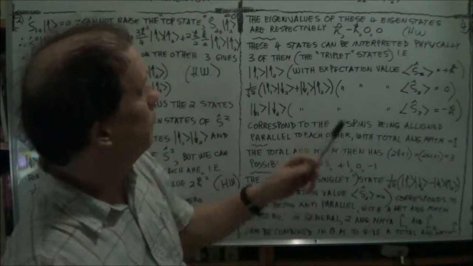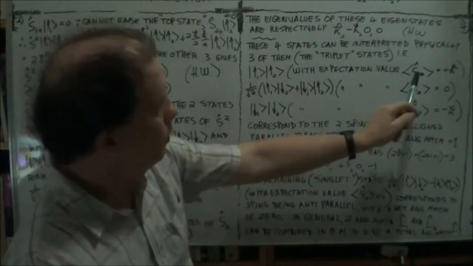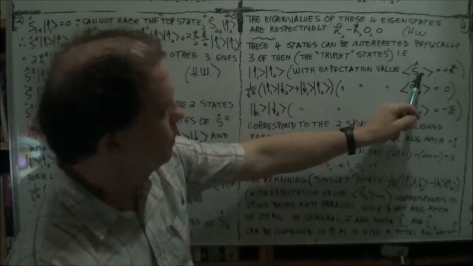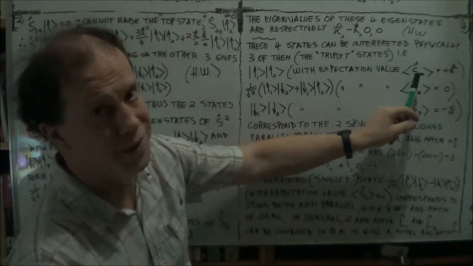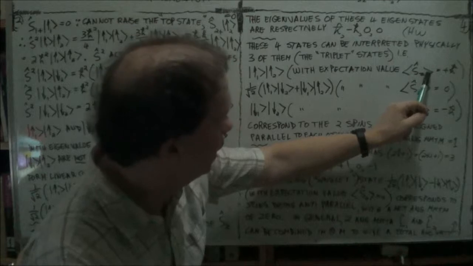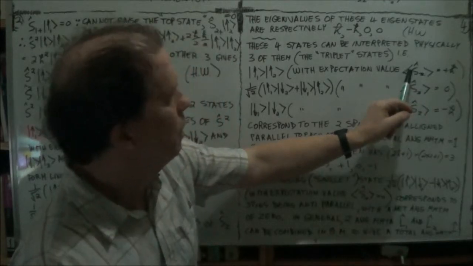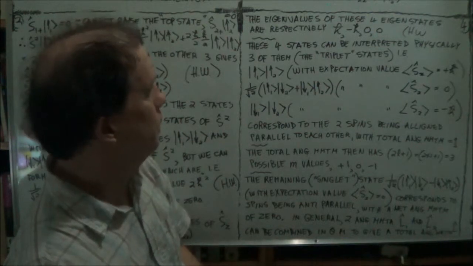In this case, the wave function is this. If you want to find the expectation value of S_z, where S is the sum of your two spins, S1 plus S2, you just plug this into the ket on the right and the bra on the left. You can do that for homework if you want.